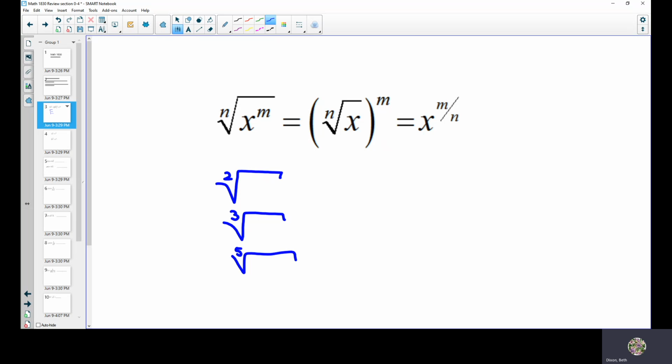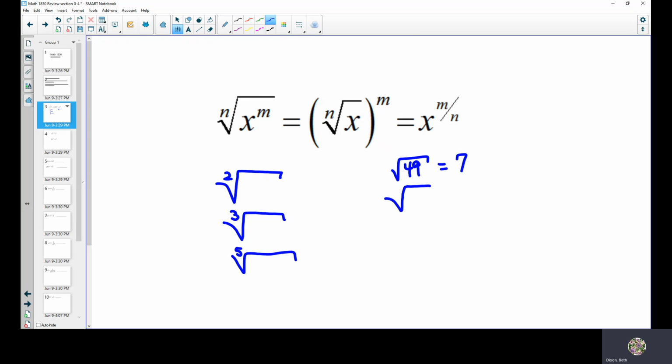In a square root, we're looking for the number that multiplies by itself 2 times. A cube root would be the number that would multiply 3 times to give me what's inside. A 5th root would be multiplying by itself 5 times to give me what's inside. So if I'm looking at the square root of 49, of course that would be 7, because 7 times 7 is 49.